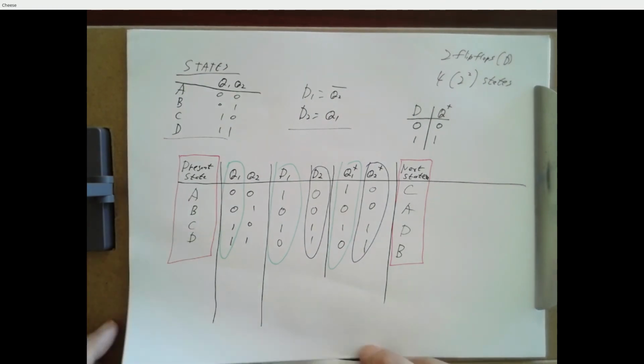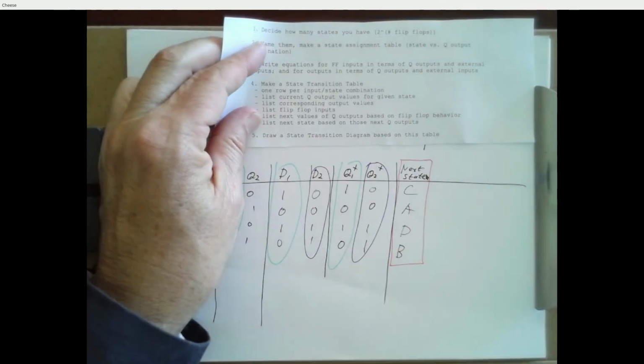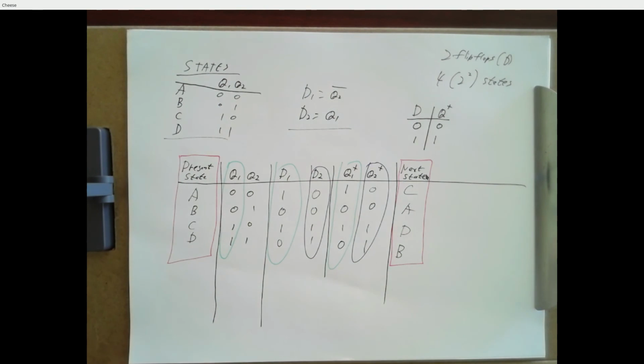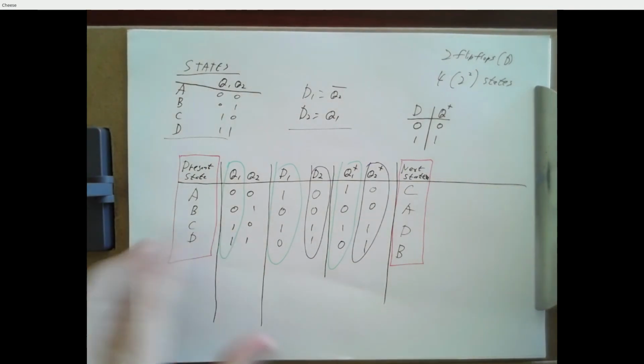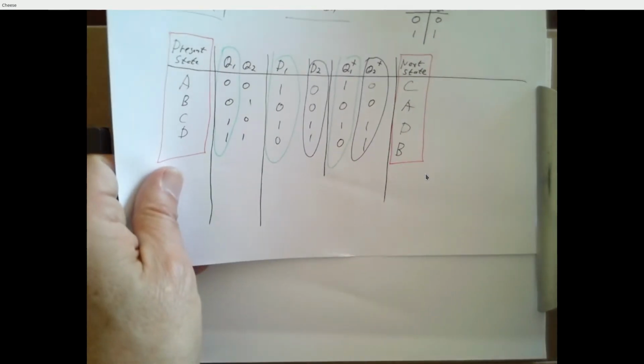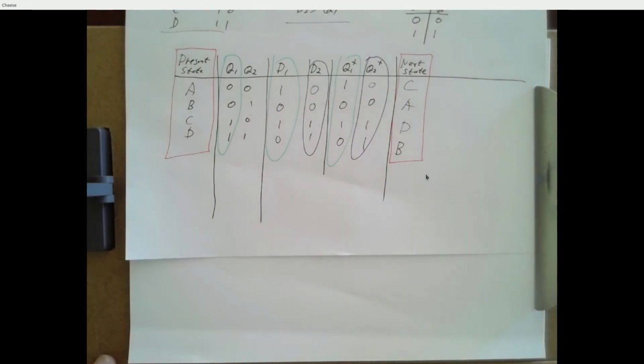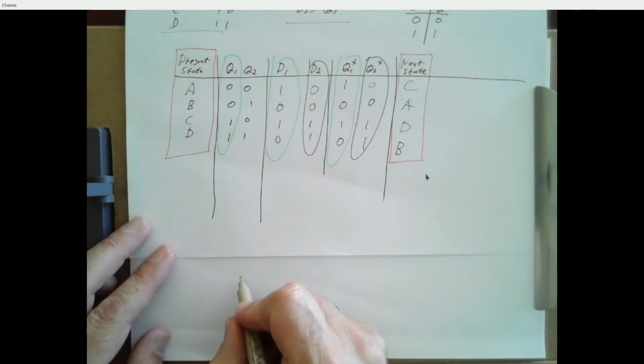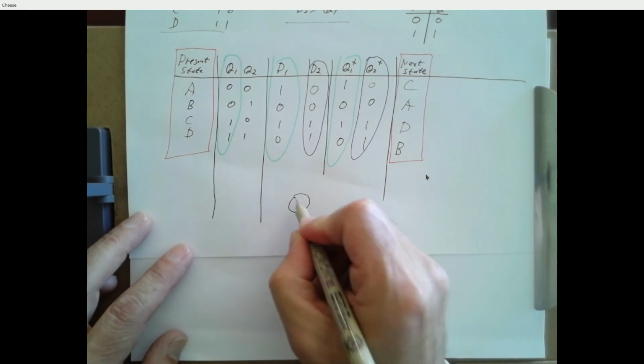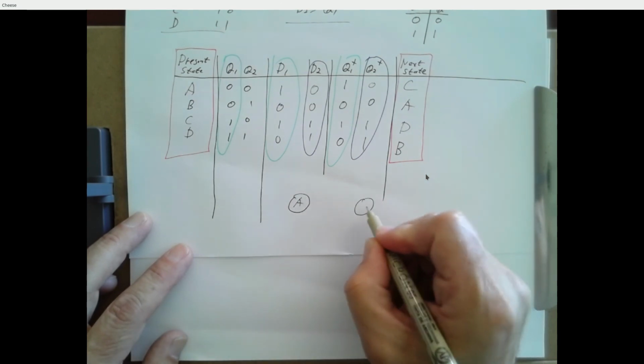So now the last step, draw a state transition diagram based on this table. So let me just sneak it onto the bottom here. So let's write down some states.